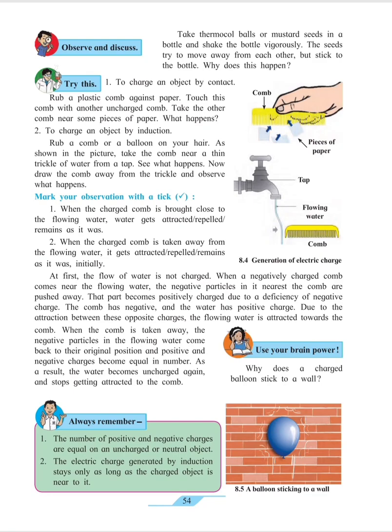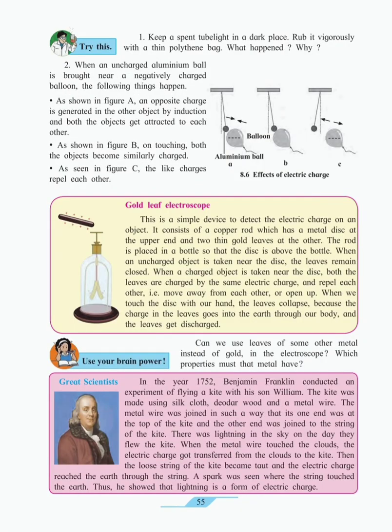Our next point is the gold leaf electroscope, that is, the effect of electric charge. This is a simple device to detect the electric charge on an object. It consists of a copper rod which has a metal disc at the upper end and two thin gold leaves at the other.